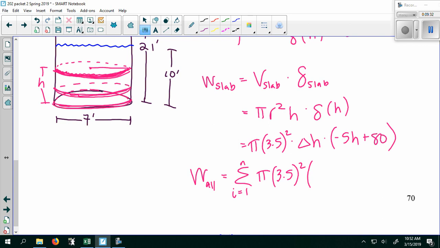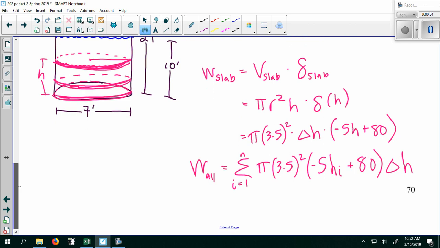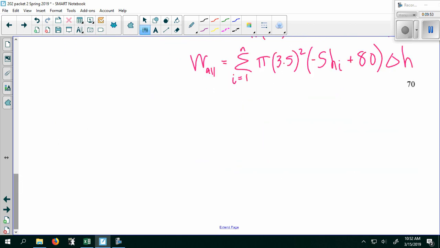I'm going to throw some i's on here now because I'm doing this at lots of different h values. -5h sub i plus 80 delta h. And then to get the exact weight, now I just take the limit as n goes to infinity.